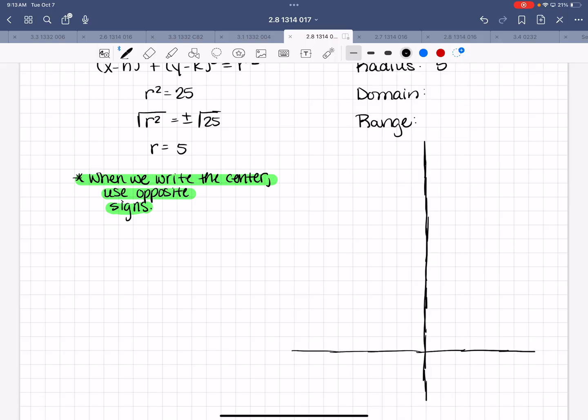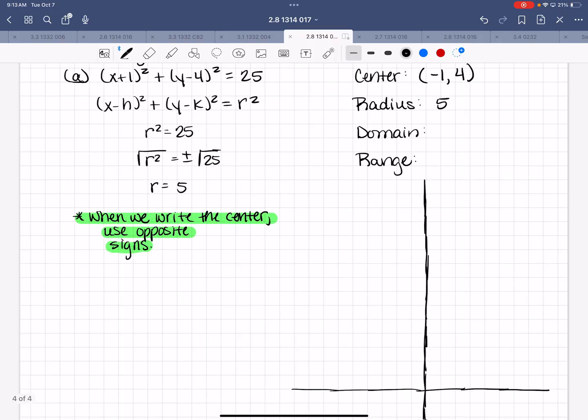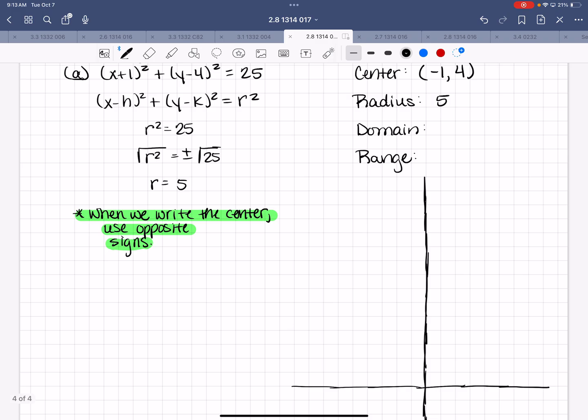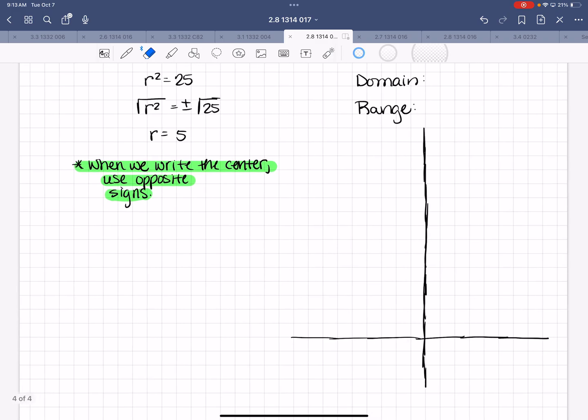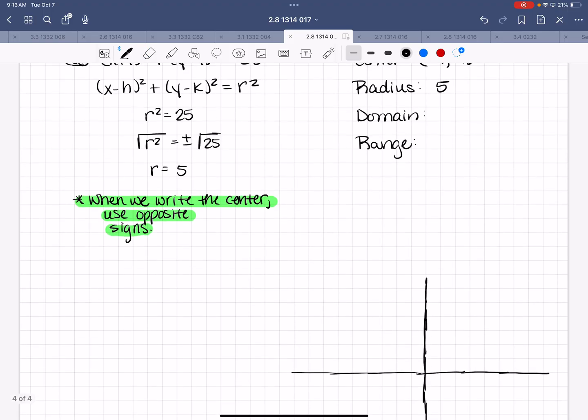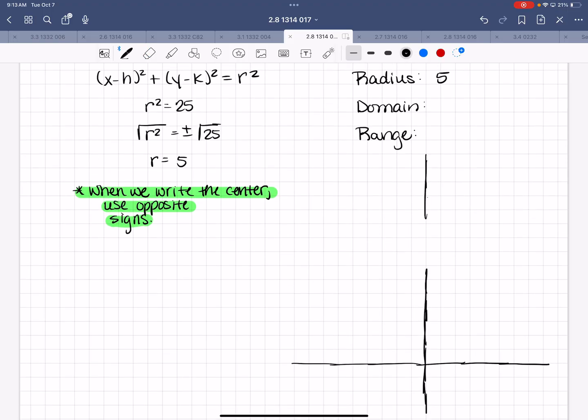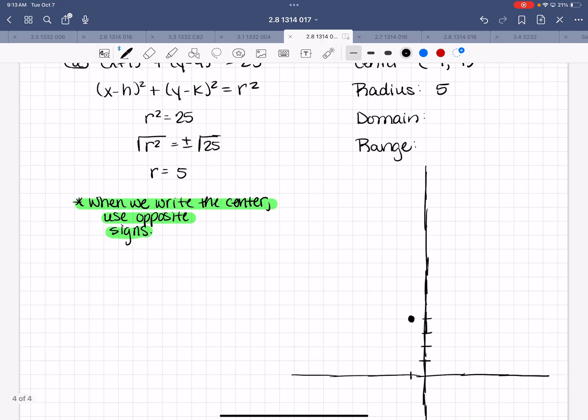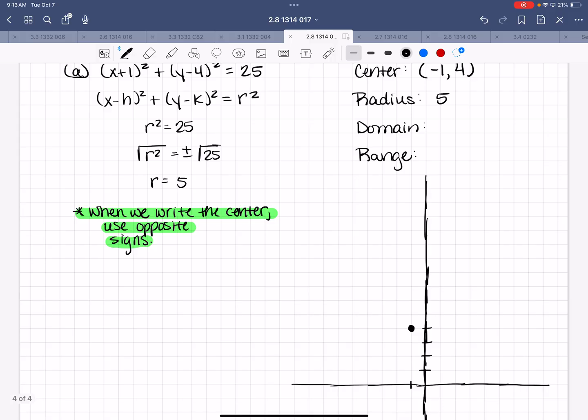Okay, I have a center of negative 1, positive 4. Negative 1, positive 4: 1, 2, 3, 4. All right, there's my center, and I have a radius of 5.